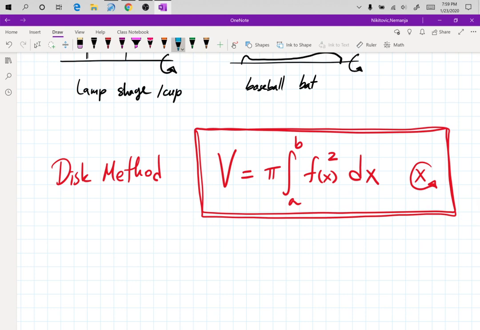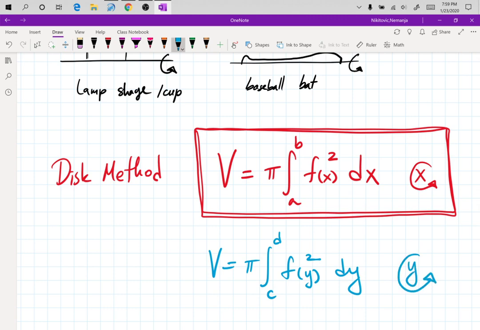Immediately underneath in blue, volume equals pi integral from c to d of f of y squared dy if rotation is on the y-axis. Yes, you need both.